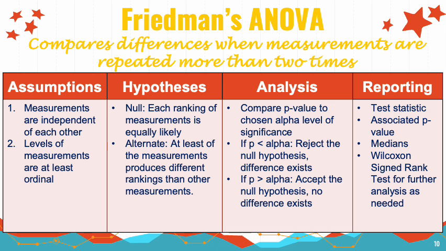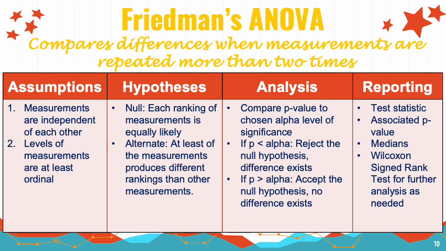Once we identify that there is a difference based on our p-value smaller than alpha, we should follow up by conducting a Wilcoxon sign rank test to compare every combination of 2 measurements to further understand the variance. To report your analysis using Friedman's ANOVA, you would include the test statistic and the associated p-value. You should also include the median value for each repeated measurement so the reader will understand how the sample statistics are different.